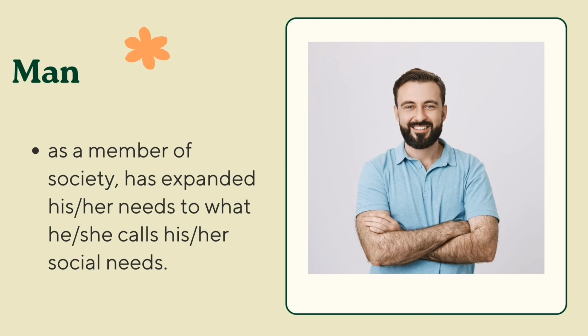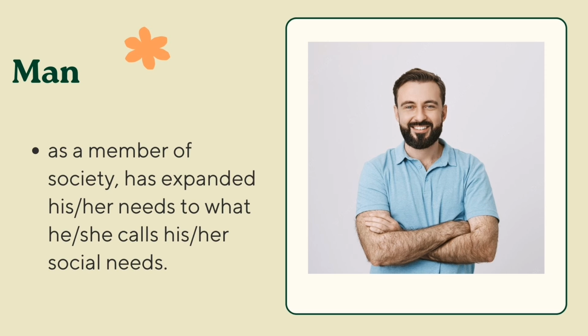She needs clothing to protect her body from extreme weather and to enhance her looks and make him acceptable to others. Man, as a member of society, has expanded her needs to what she calls her social needs. These are needs to relate to others, be accepted, and belong to a social group like family, school group, church group, and group in the community.